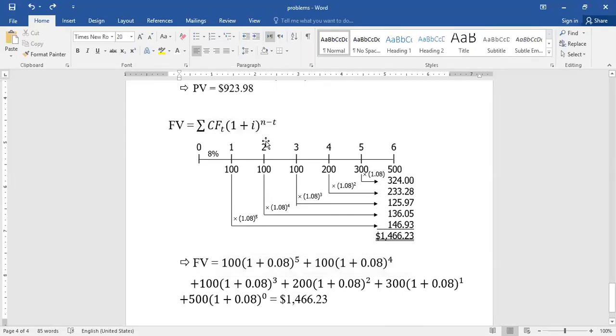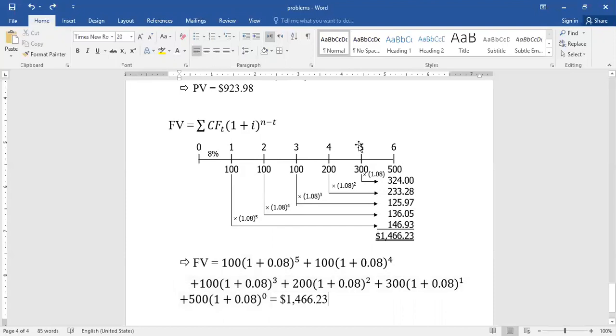I receive it at t equal to 2. So I multiply $100 by 1 plus i to the power 6 minus 2, so to the power 4. The same thing for the cash payment of year 3: 100 times 1 plus 0.08 to the power n minus t, n being 6, t being 3, so to the power 3.